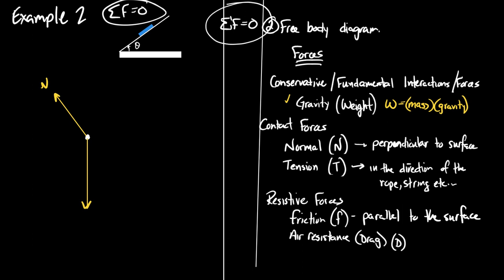It's trying to prevent it from sliding along the surface, so that force has to be parallel to the surface. So it's got to be drawn parallel to the surface and in a direction that would prevent it from sliding. I think if you combine all of that into your head, that's got to be this way. Wouldn't you agree?